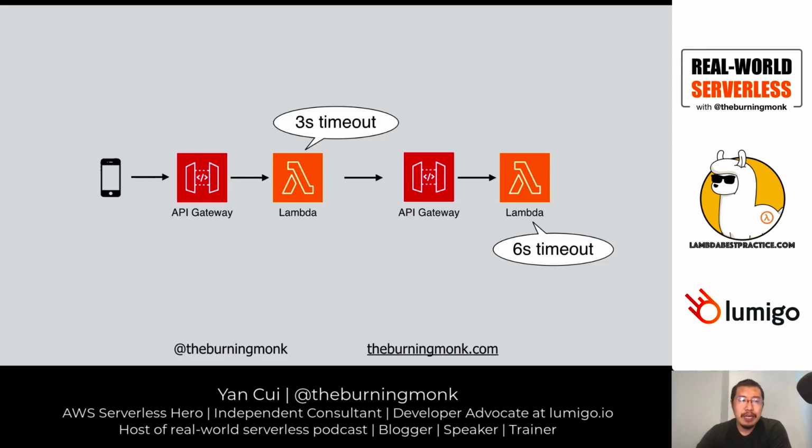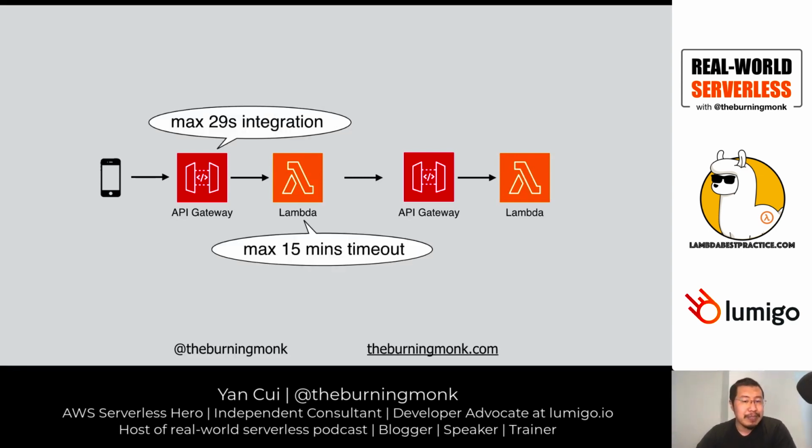This kind of timeout misalignment can happen all over the place, because you may have many different user-facing functions all calling some internal API, and that internal API's Lambda function would have its own timeout based on what makes sense for itself. But all of your other user-facing functions may not know what that timeout is, so it's very likely for you to have some mismatch, especially when different APIs and different microservices are run and managed by different teams.